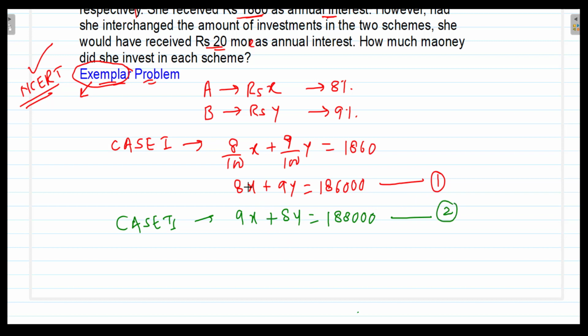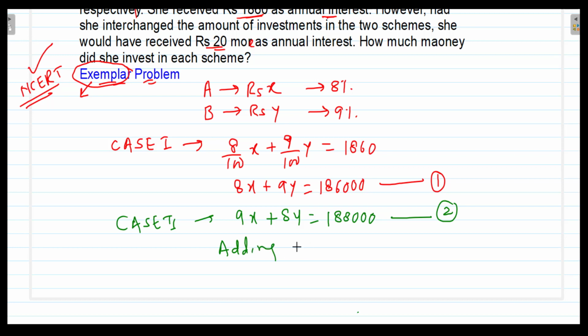Now here the coefficients of X and Y are interchanged. Whenever such a situation is there, we first add the equations, then we subtract the equations, and then whatever two equations we get, we solve simultaneously to get the values of x and y. So first we will add equation number 1 and 2.